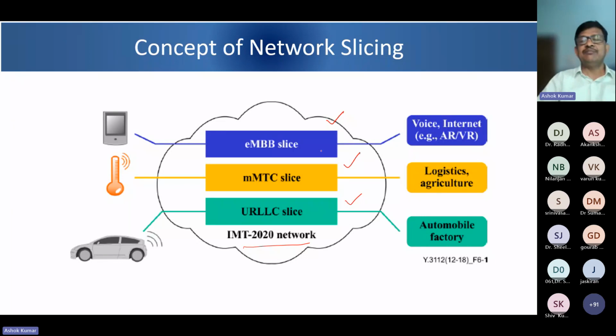For example, the eMBB slice may be connected to voice, AR/VR, or internet kind of data networks. Then mMTC may be connected to logistics, agriculture, or different IoT servers or data networks. And URLLC may be connected to, say, an automobile factory, meaning autonomous cars or car-related services can be taken care of. So they talked about network slicing in this manner.